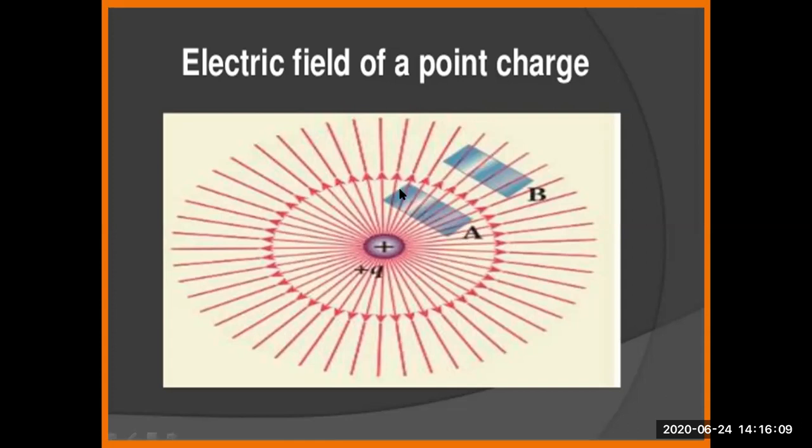Nearer the point charge, the area gets a greater number of lines, and going away from it, you have fewer lines. So the electric flux depends upon the perpendicular distance between the source charge and the area placed perpendicular to the electric field lines.